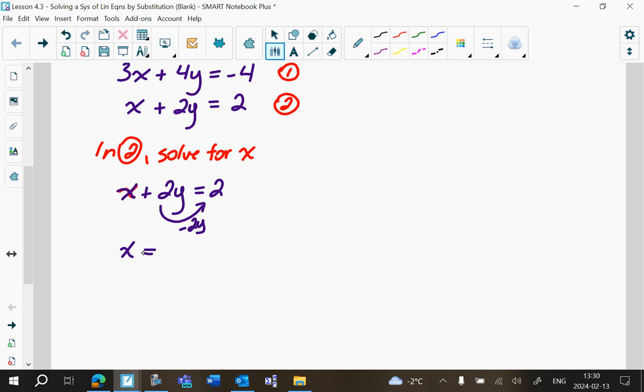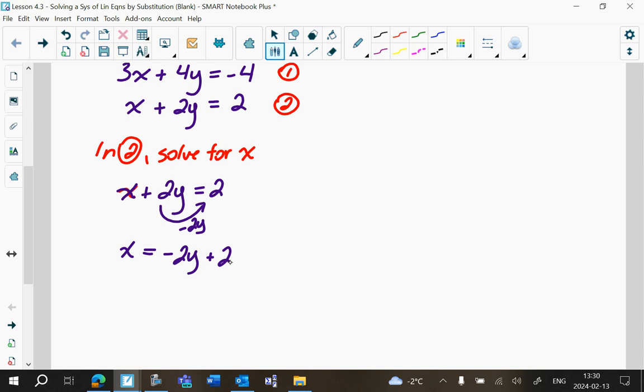Both of them will get you the same answer. I'm going to write it like this. I'm going to put the -2y in front of the 2.